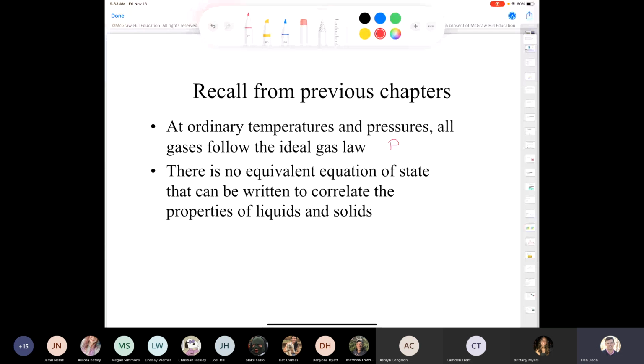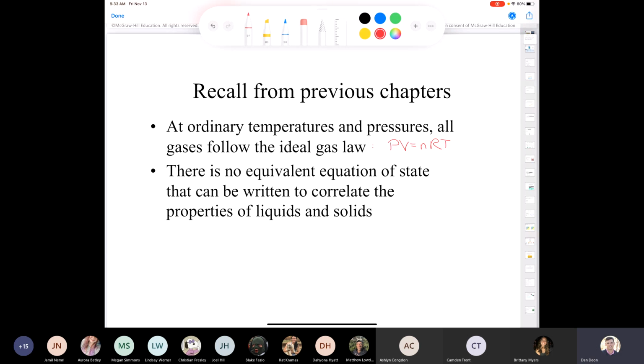Everybody is fully aware that PV equals nRT. What was interesting about the ideal gas law is that it was independent of the identity of the gas. It didn't matter if it was sulfur hexafluoride or carbon dioxide or nitrogen, whatever. We could always apply that ideal gas law. However, when we looked at the ideal gas law, what was one of the assumptions that we made?